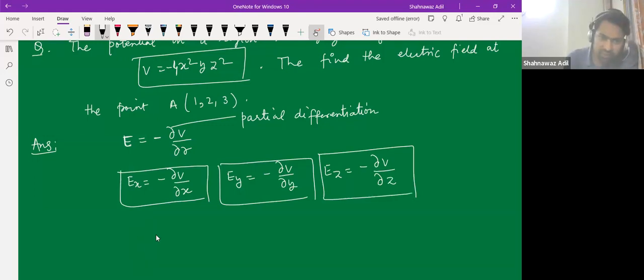So what would be the electric field vector, guys? I have the x component, y component, z component. So the electric field would be Ex i hat, Ey j hat, Ez k hat.